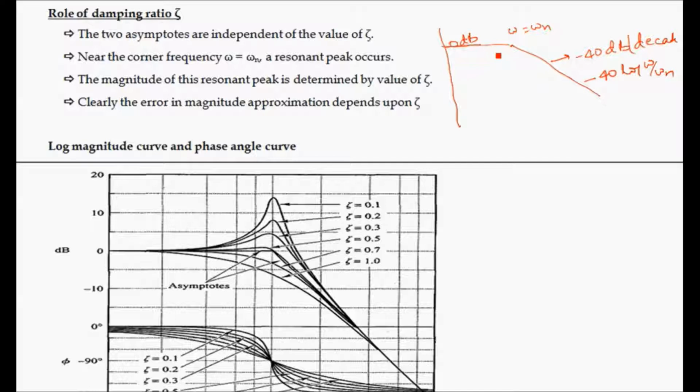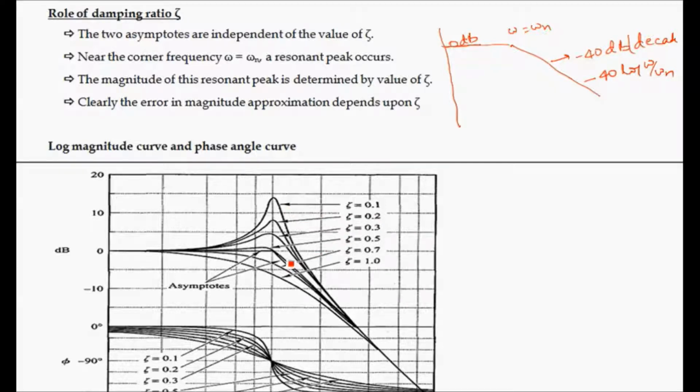But near the corner frequency, I have already drawn the figure of a quadratic factor, and you may see from this figure that near the corner frequency omega equal to omega n, we have a resonant peak. The magnitude of this peak is determined by the value of zeta. Clearly from the figure, for zeta equal to 0.1 the peak is larger in comparison to other values of zeta.